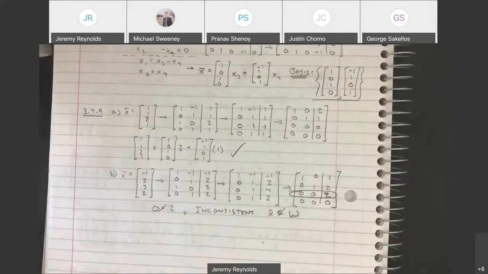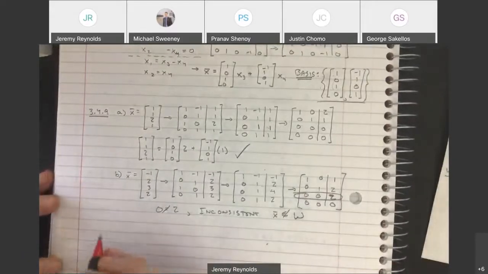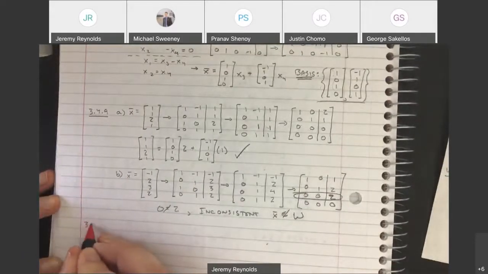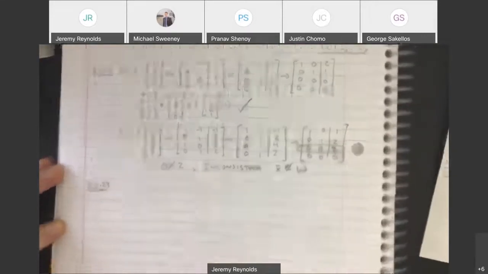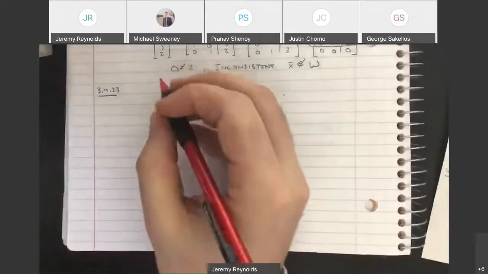Okay. We'll do one more example on the basis before we move on to the dimension, nullity, and rank. So let's look at 3.4.23. Okay.